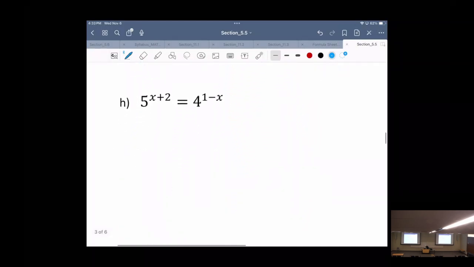So here we have another equation to solve. It's an exponential equation for us to solve. Well, as long as you pause the video and then come back to it after you have your own solution written down. Okay? Because I want you to learn this quickly and effectively.